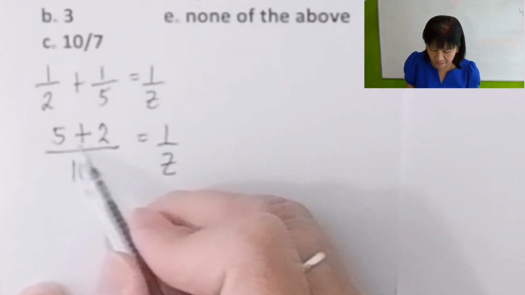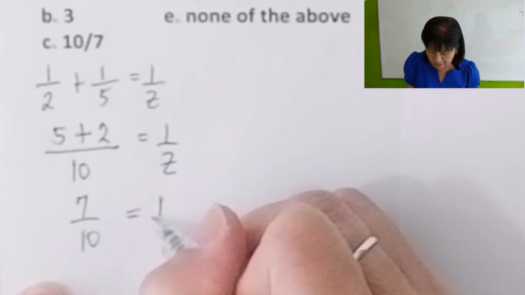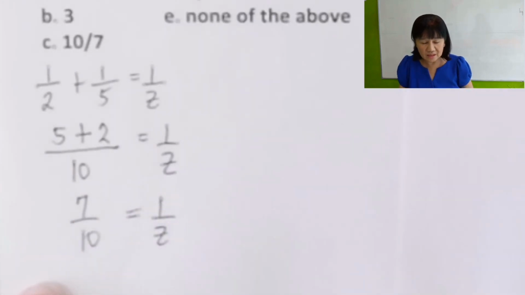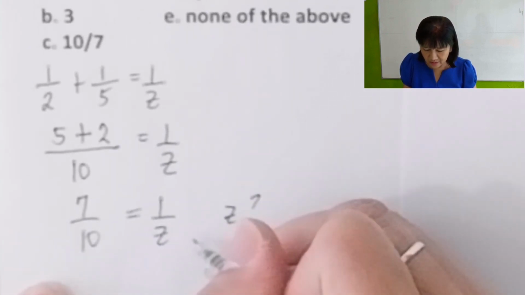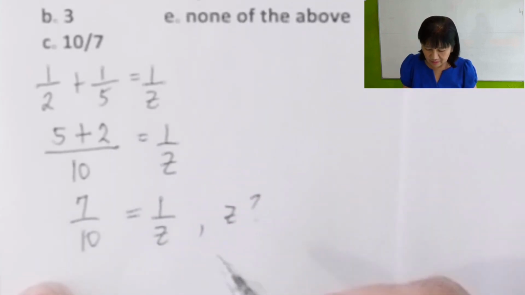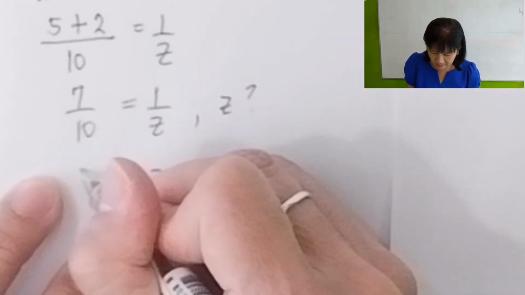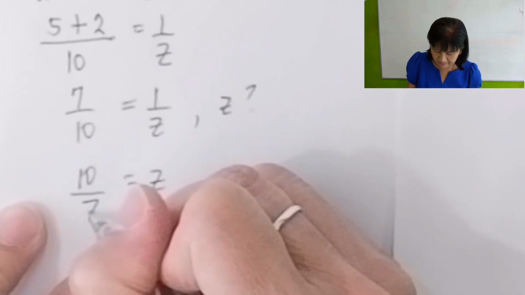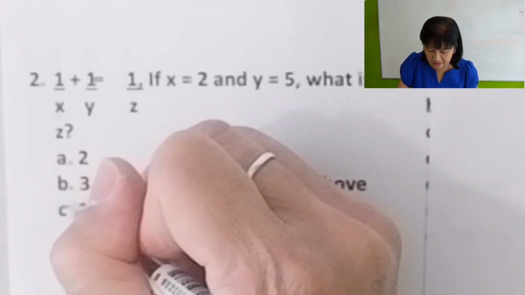So you have here 5 plus 2 is 7 over 10 equals 1 over z. In this case, it is z which is being asked. So all you have to do is to take a shortcut. If 1 over z is 7 over 10, then z must be 10 over 7. There, did you get me? So the correct answer is 10 over 7.